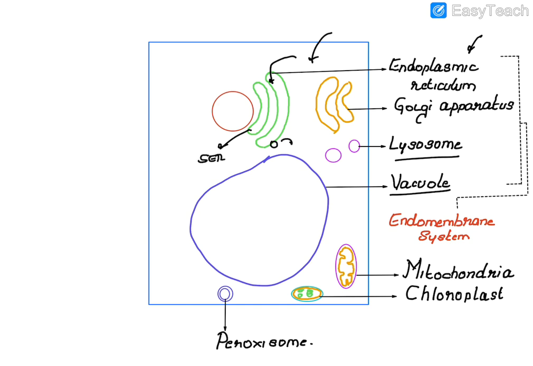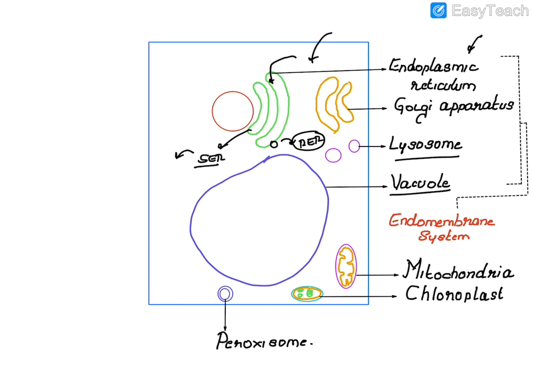Smooth endoplasmic reticulum is involved in detoxification and in the synthesis of lipids and steroid hormones, particularly in animals. Rough endoplasmic reticulum is involved in the synthesis of protein.